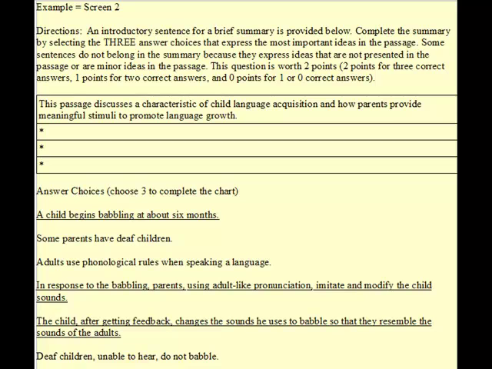The 3 correct answer choices should be chosen since they summarize the most important points in the passage. These 3 choices are underlined.